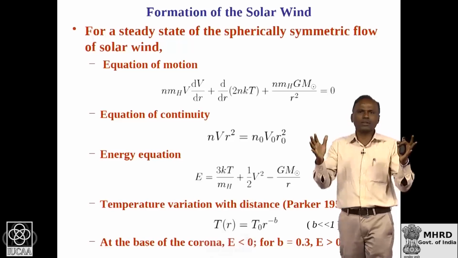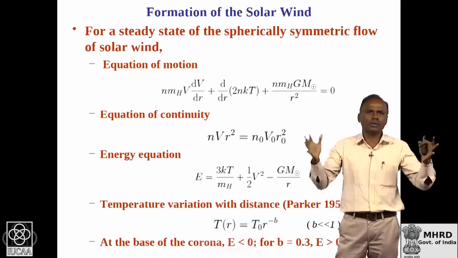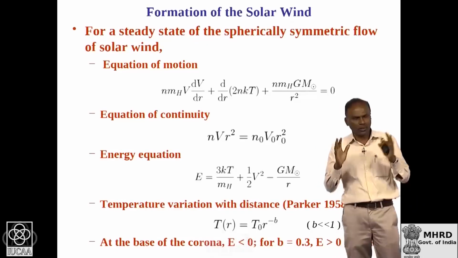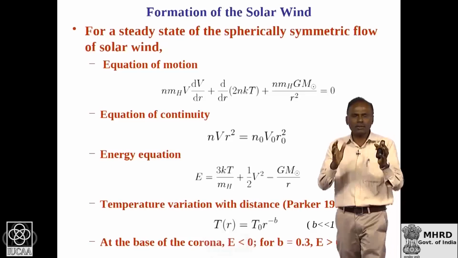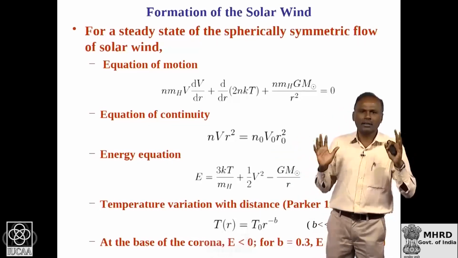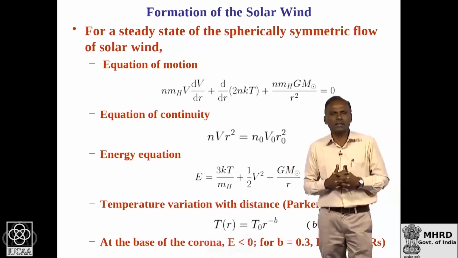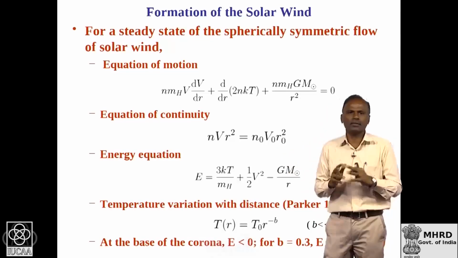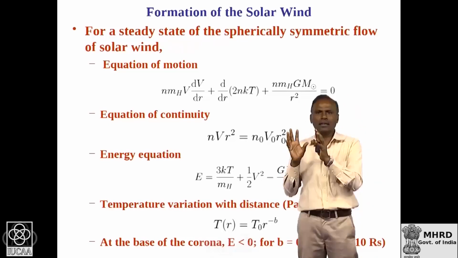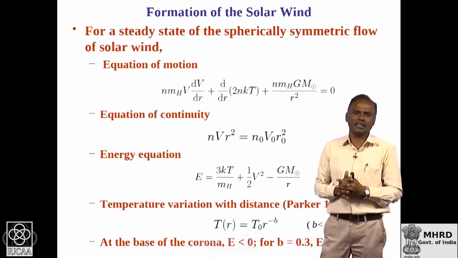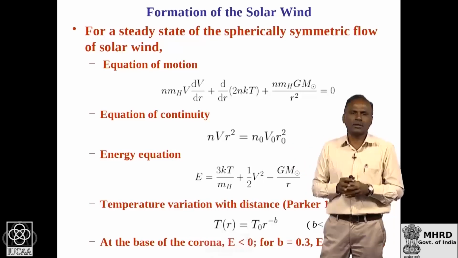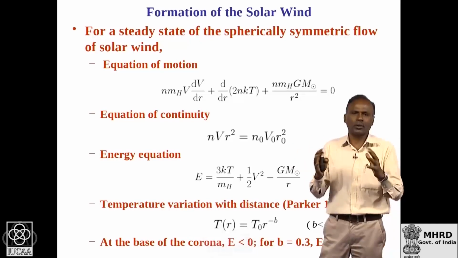So, when there is no solar wind flow, the equation of motion gives the steady corona or steady surface. The equation of continuity is governed by density and speed as a function of distance from the surface of the sun, and energy equation has thermal energy, kinetic energy, and gravitational energy. So, they give the bound solution for the solar wind flow actually.